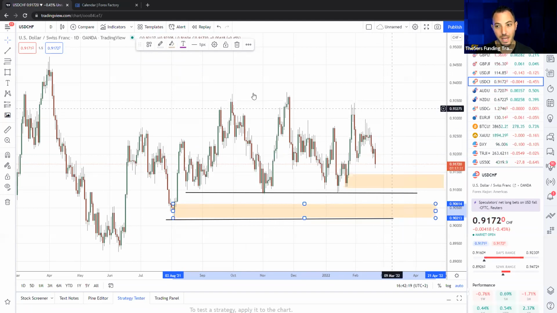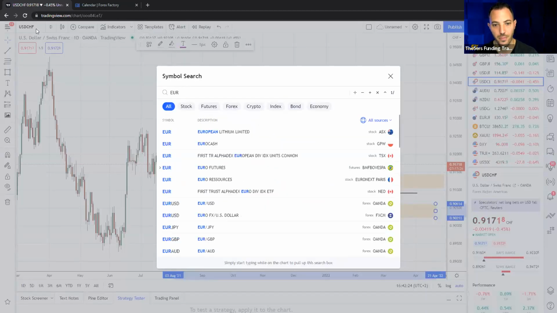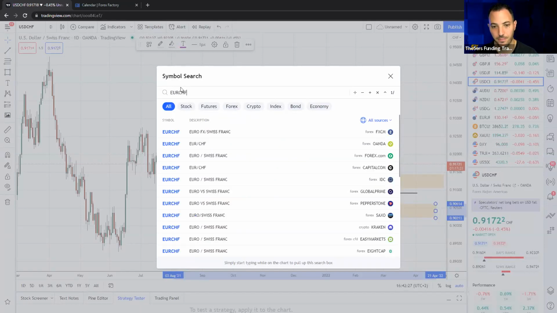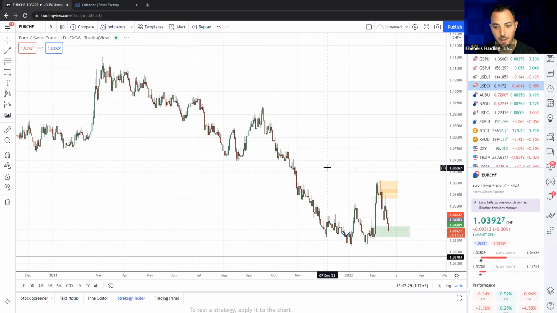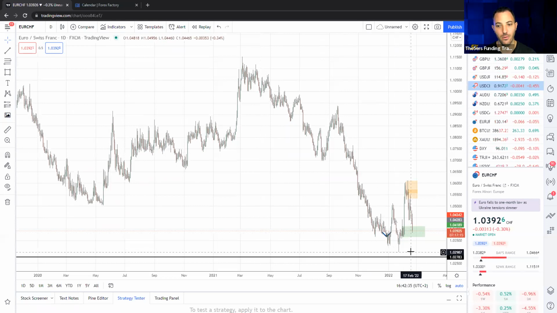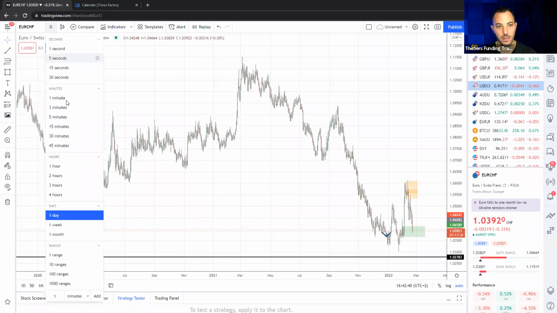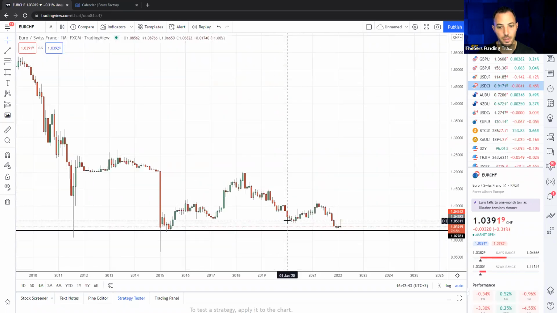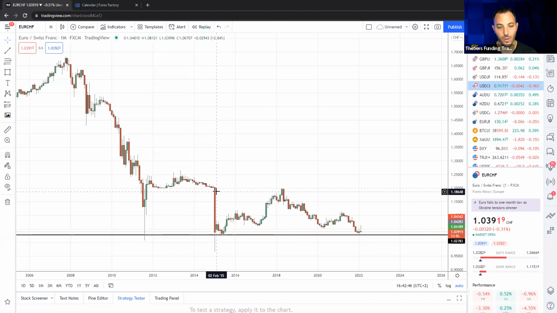Now, do be aware of franc fundamentals, because if you go to euro franc, we're in a very sensitive area. We had the downtrend in the euro franc. I won't spend a lot of time with this analysis, but we have the pegging in the market, the barrier, the floor the Swiss bank established against the euro, which was released in 2015.